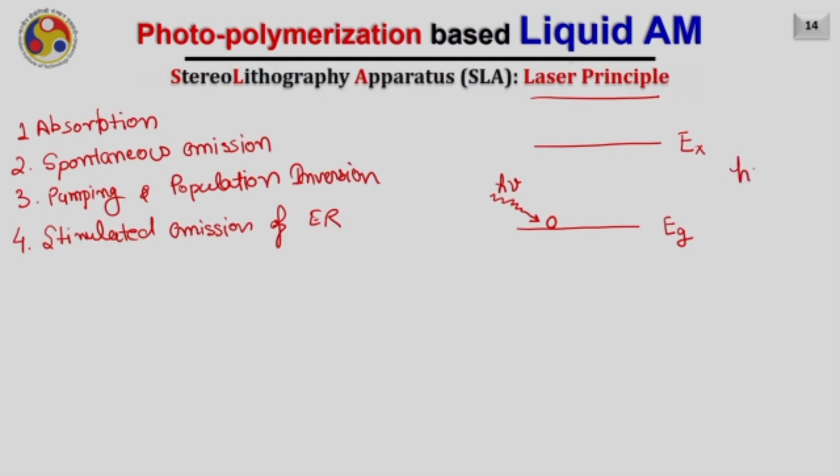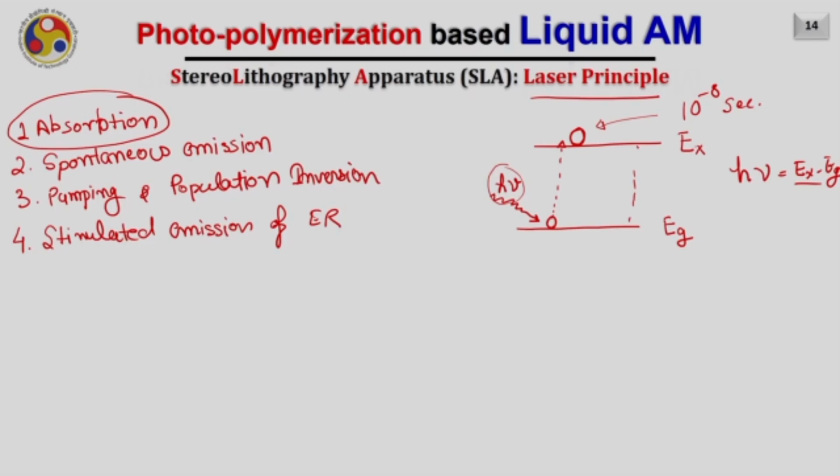If this energy h nu equals E2 minus E1, which is the difference between these 2 energy levels, then this electron will get excited and will reach another state, that is the excited state. Hence the electron will be now here. Usually these electrons do not stay for a longer period of time here, and then immediately come down. Usually they stay here for up to 10 to the power minus 8 second after absorbing the energy. So absorbing the energy and reaching another level of the energy state is called absorption.